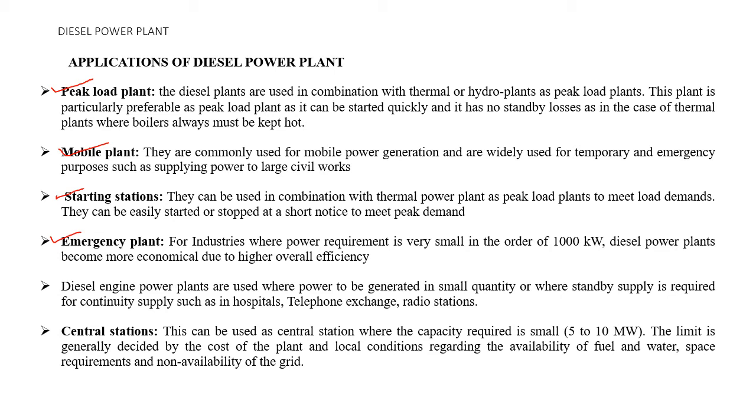And the last application is central station. This can be used as central station where the capacity required is small, around 5 to 10 megawatts. The limit is generally decided by the cost of the plant and local conditions regarding the availability of fuel and water, space requirement, and non-availability of the grid.